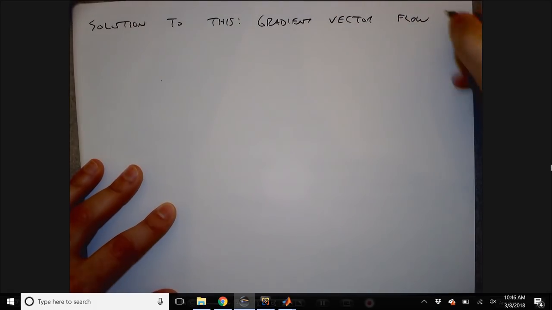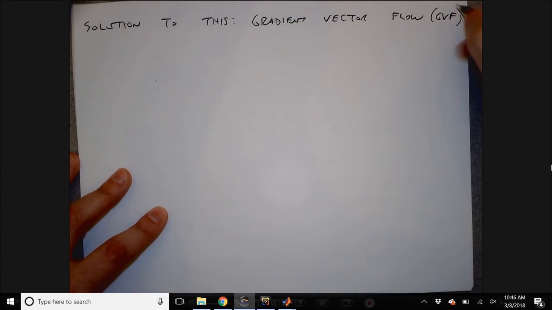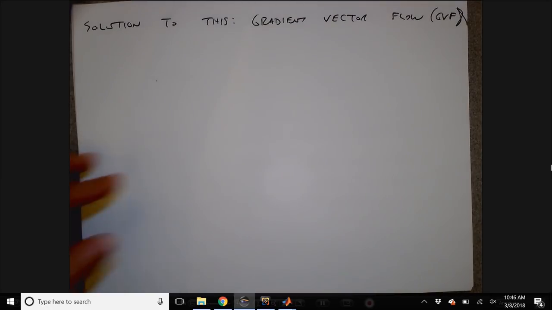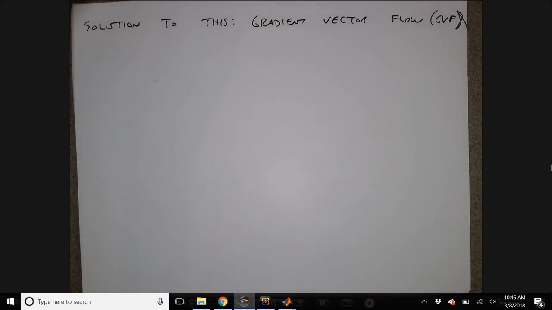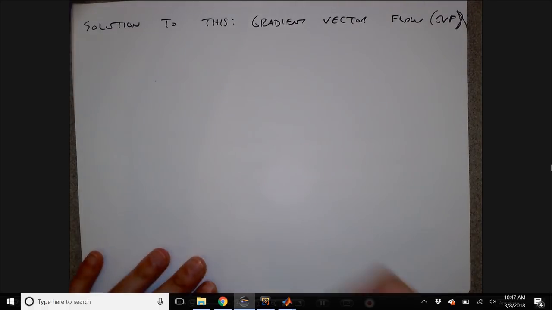Sometimes you see that called GVF. So the idea here is that instead of using exactly the image gradient, we make a new gradient field that is non-zero everywhere. So even in a flat region of the image, it's going to be pulling the snake inwards to gradients that are strong further inwards, right?